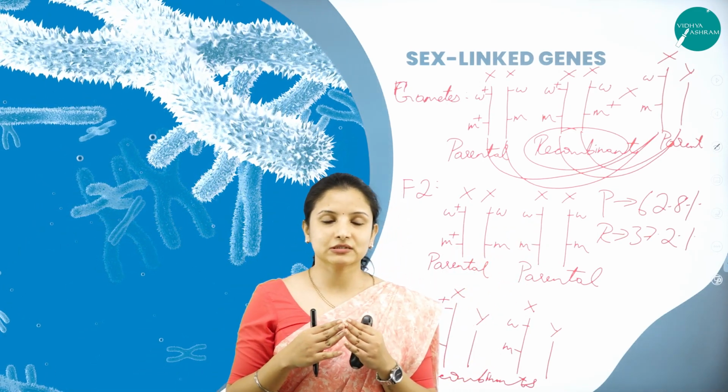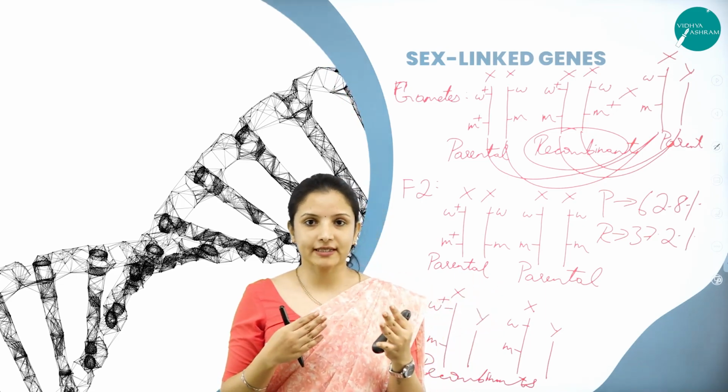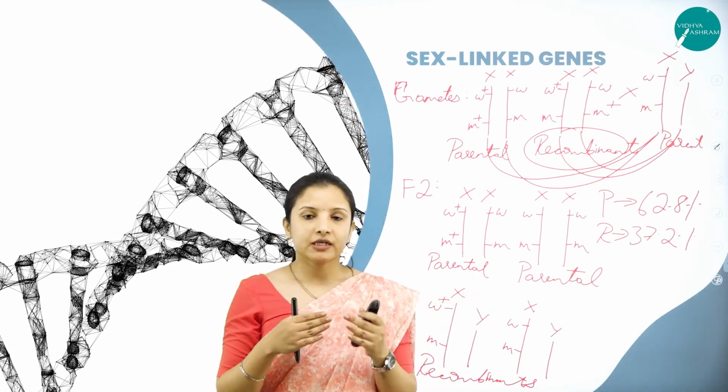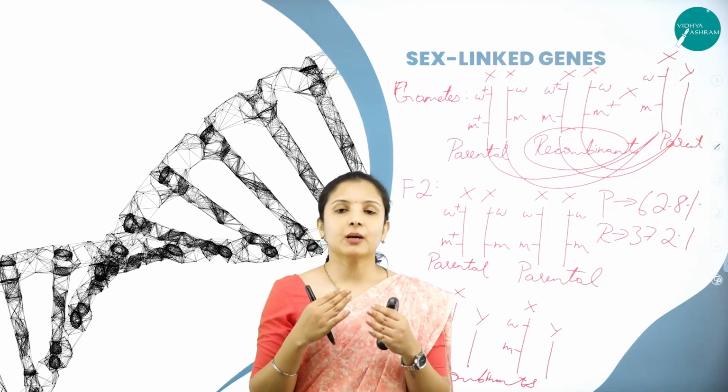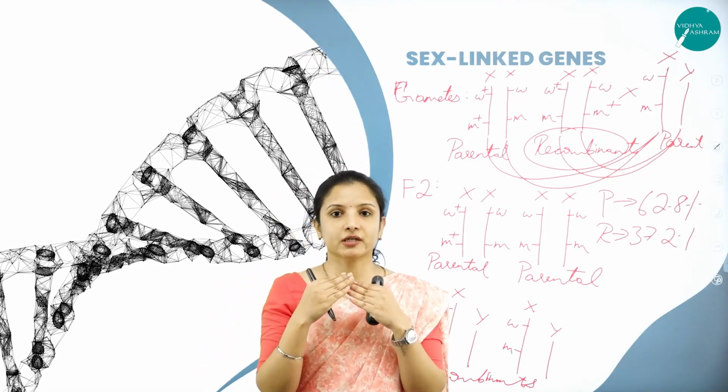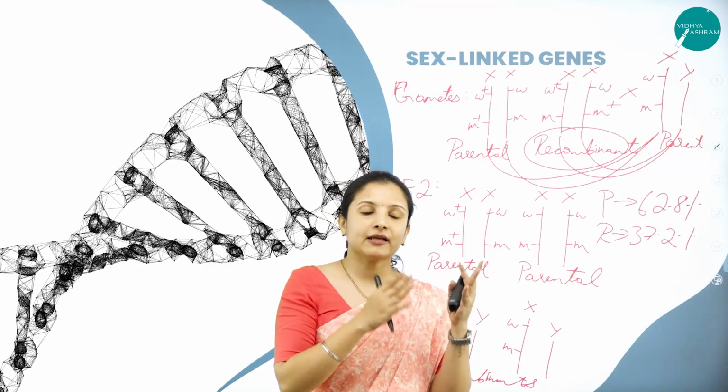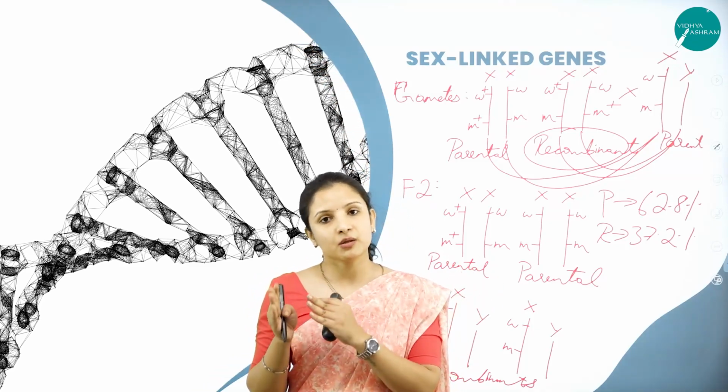So what it means is that, according to Morgan's experiment, whenever in linkage the genes are present close to each other in a chromosome, they get expressed as such in the progeny.